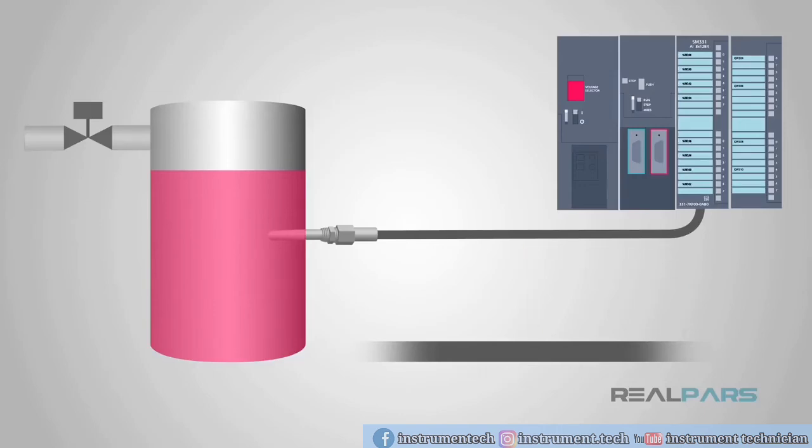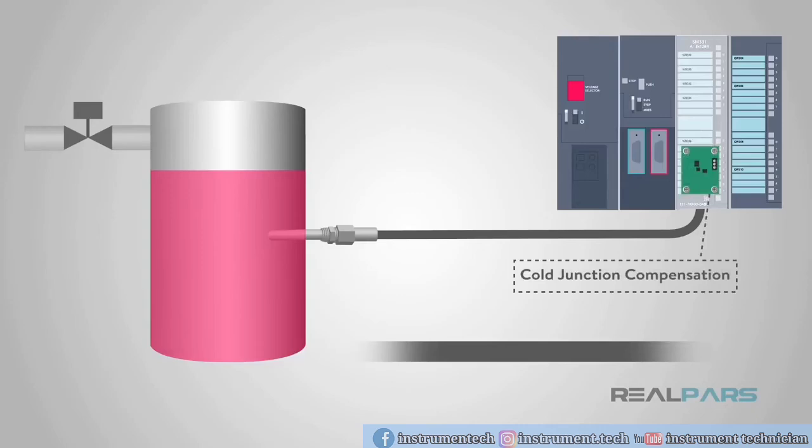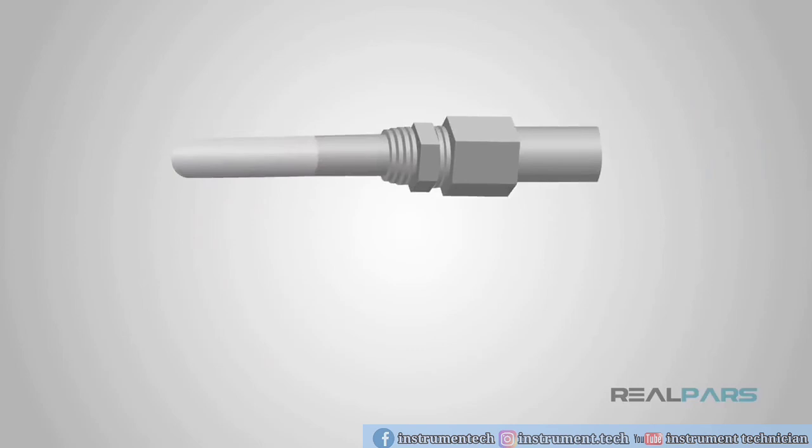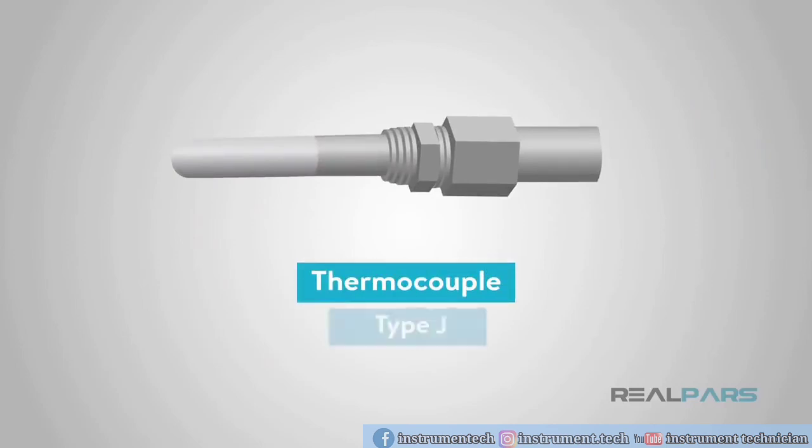Finally, these sensors need cold junction compensation, a feature which is built into most thermocouple modules, but some require external devices for this purpose. The temperature range of a thermocouple is specified by a single letter, i.e., a type J thermocouple is a common variety with well-known characteristics.